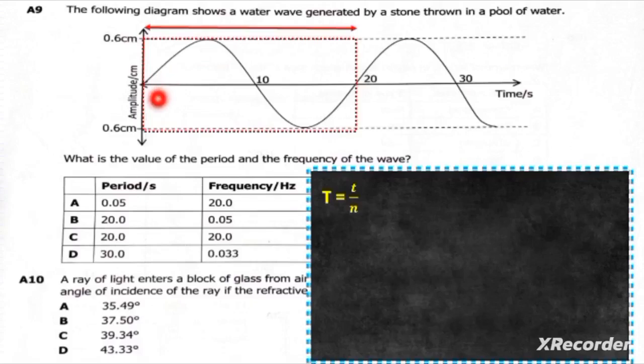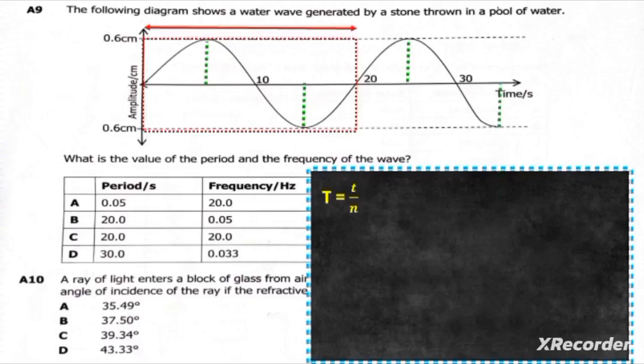Period is the time taken to make a complete wave. So we have seen that the time here is 20 seconds. So remember, 4 quarters make one complete wave. 1, 2, 3, 4. We make a complete wave.